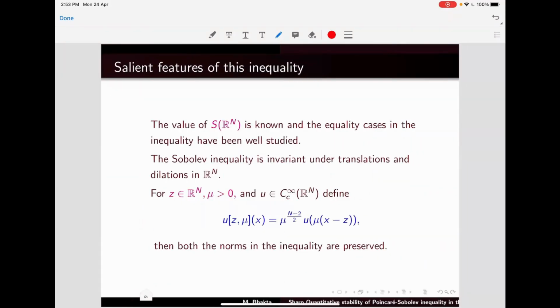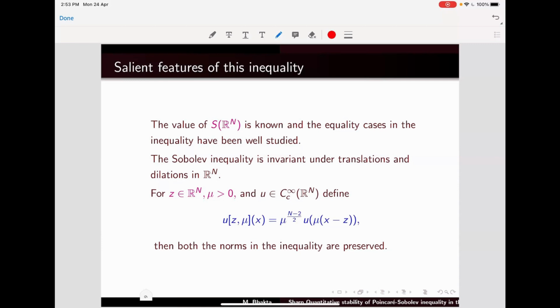Now, what are some features of this inequality? One main feature is that this inequality is preserved if we change the function. Suppose u is an optimizer, so that for u the inequality becomes an equality.